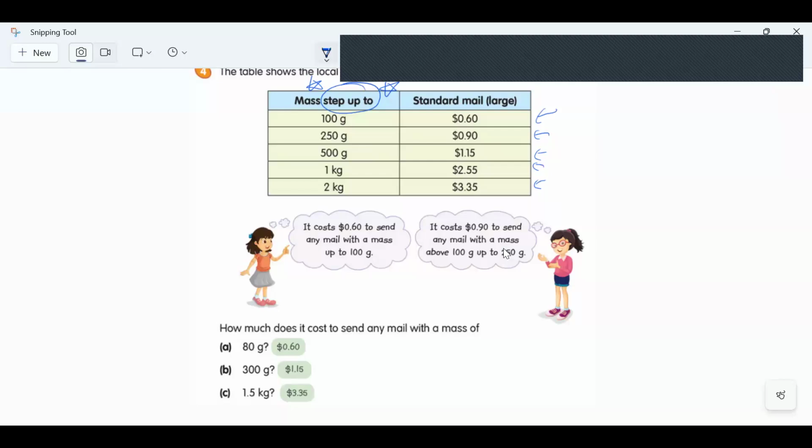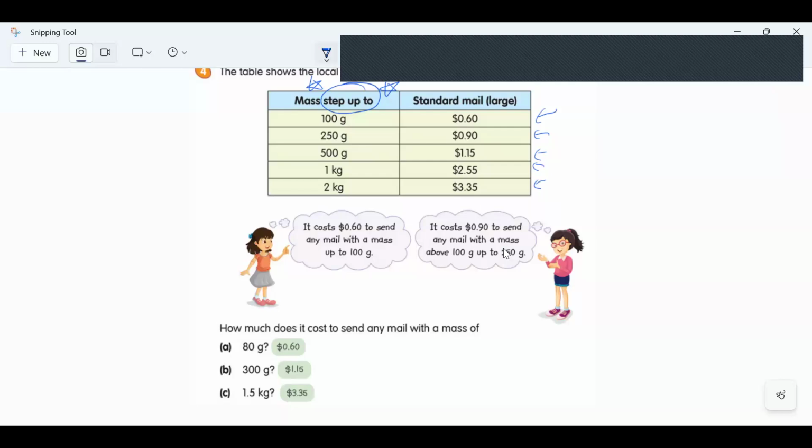No. I need to pay $2.55 more, but my item is not that heavy. But if your item is only 100 grams, the cards are very light, you only need to pay me 60 cents for the postage. Do you think that's right? Yeah. So that's the sense in that.